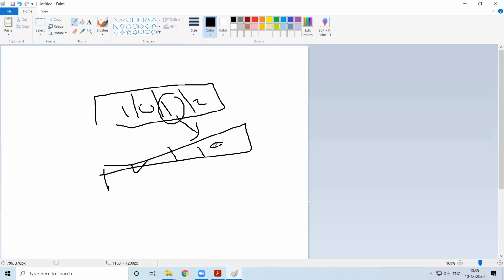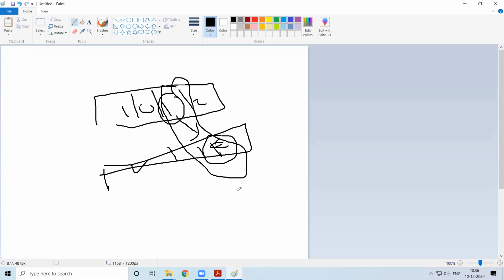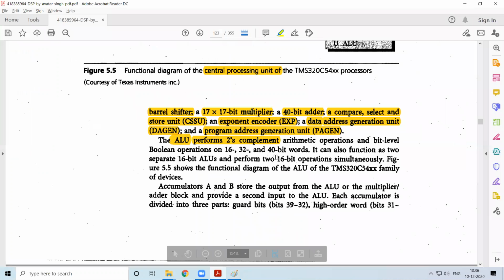Say I want to check some flag register. So I can perform bit by bit operation. So bit level instructions are also present. If I compare it, I'll be getting a Boolean result, true or false, that is 1 or 0. Okay. So that is what is happening in this case. So we have bit level Boolean operations which are permitted.